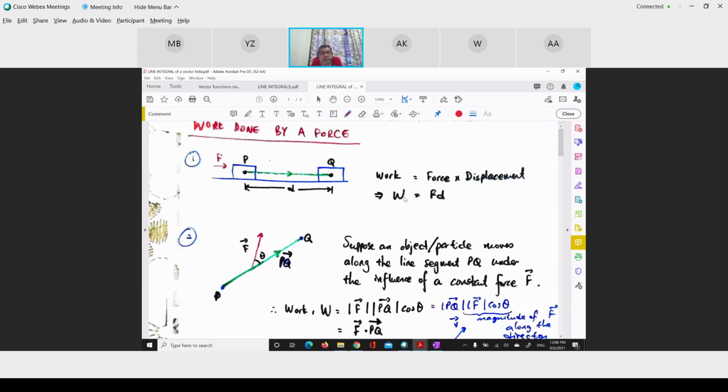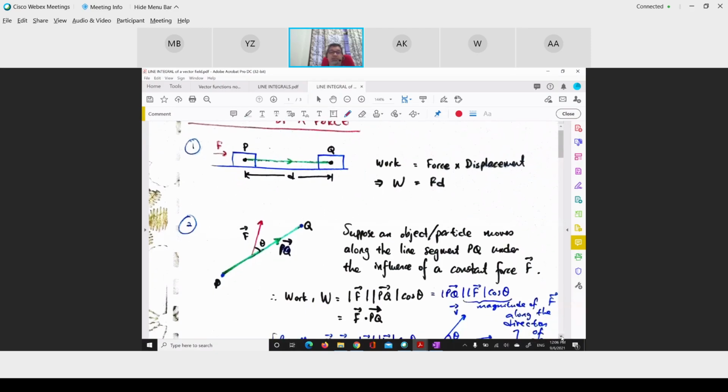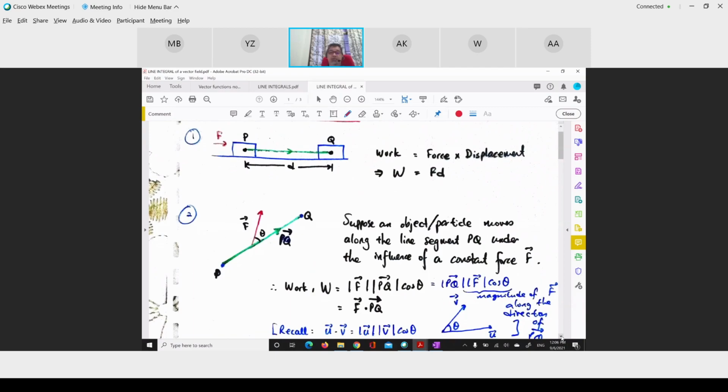So the work done is F times D. If there is no displacement, then the work is 0. Consider no work is done. Remember this from your physics class in Form 4 or Form 5.